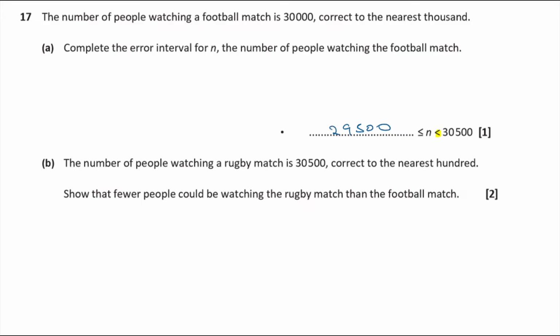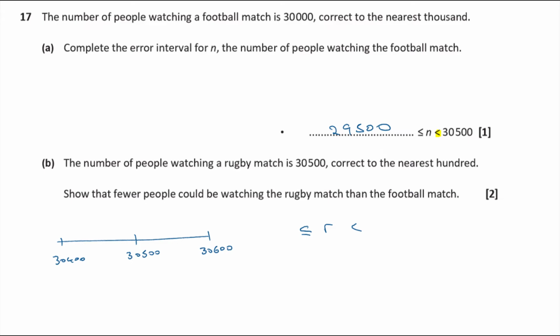Okay. Well, what is the range for the rugby match then? So let's call that R. So R is going to be between, what are the limits for R then? So if it's 30,500 to the nearest 100, imagine a number line. What's 100 more than 30,500? That's 30,600, and 100 less would be 30,400.